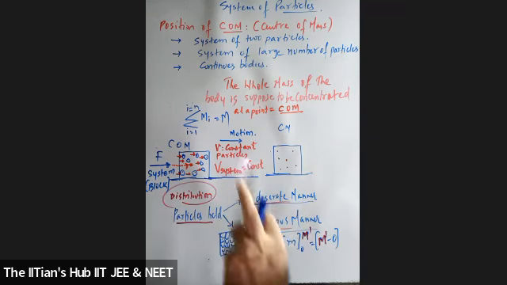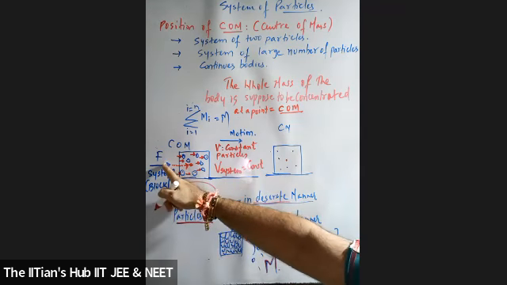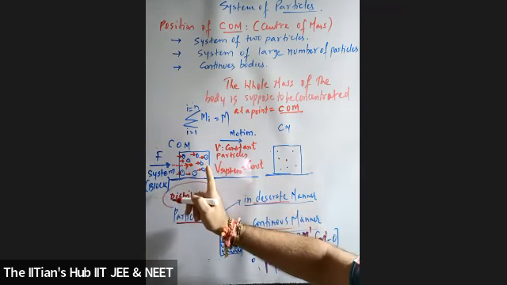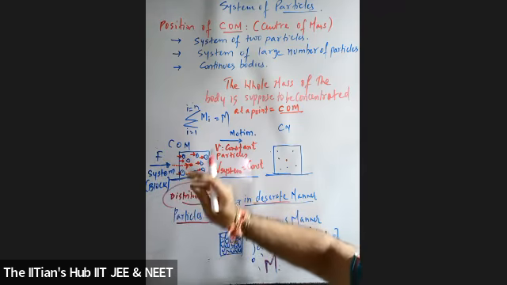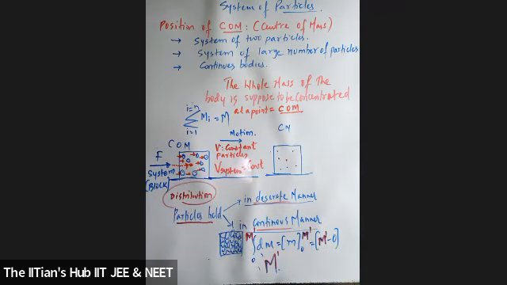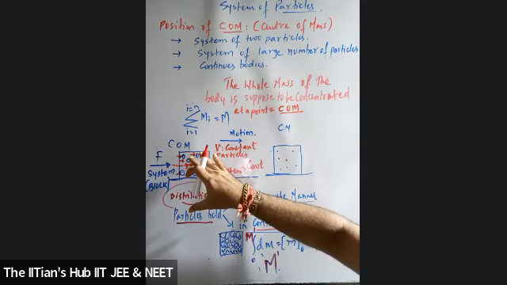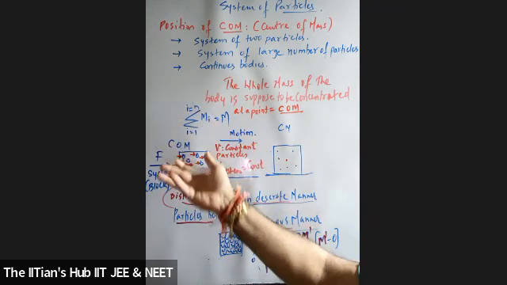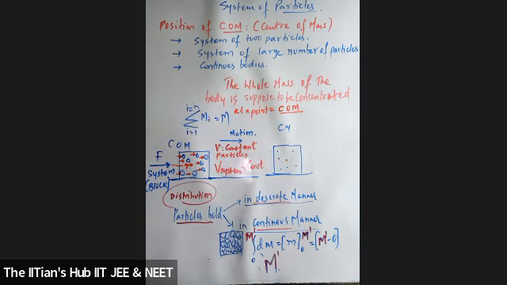Such that the effect of force acting on each constituent particle will be exactly equal to the force acting on the entire system. Or the force acting on the entire system can be equal to the force acting on each and every constituent particle, equally distributed. Is this clear, students?